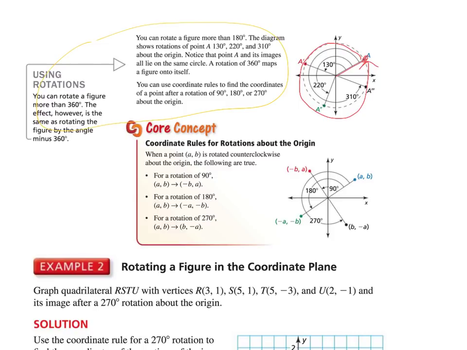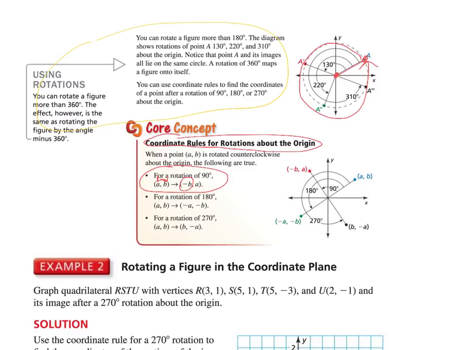Now there's a couple rules for rotations that take place about the origin. If your point of rotation is at the origin, here are some simple rules. For a 90-degree rotation, this is what happens to any point (a, b): the values flip, and then the b becomes negative.